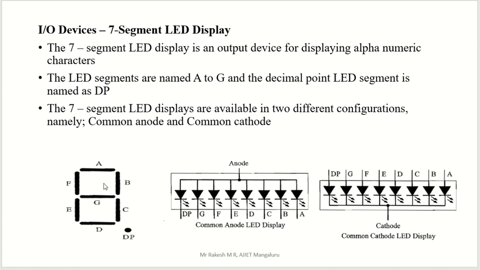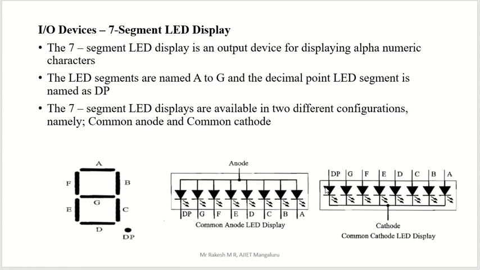7-segment LED displays are available in 2 different configurations: common cathode and common anode. In the first diagram you can see the common anode type, and the second is common cathode. What do we mean by common anode? All the anodes of the diodes are connected together and given to the supply.